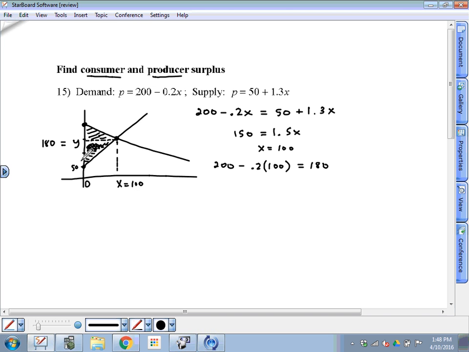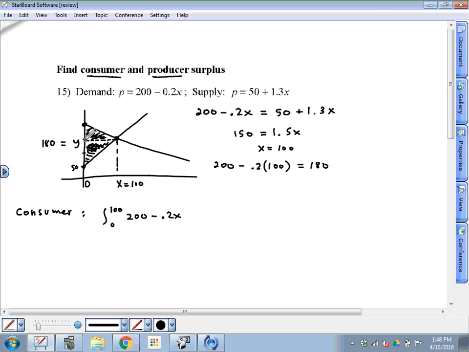So for consumer surplus, we're going to integrate from 0 to 100. And remember, it's this region up in here, so the upper function is our demand function, 200 minus 0.2x.